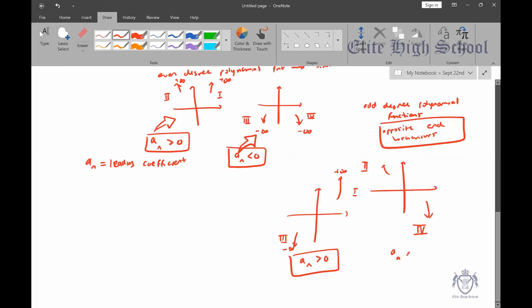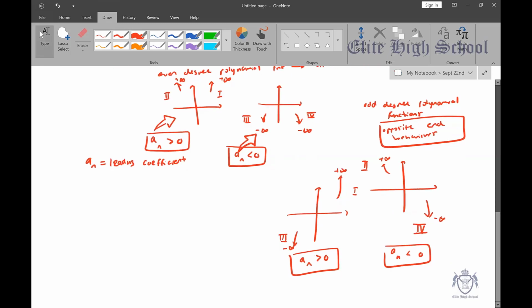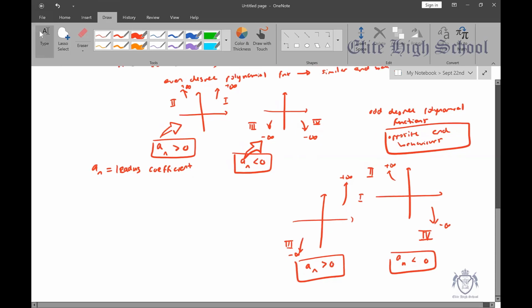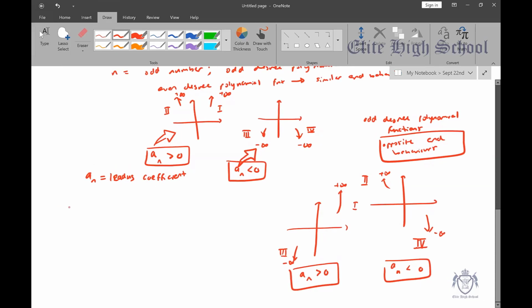And if the leading coefficient is less than 0, which means it's negative, then we would have positive infinity in this quadrant and negative infinity in this quadrant. So just to summarize, guys, if the degree is an odd number, then we have an odd degree polynomial function.